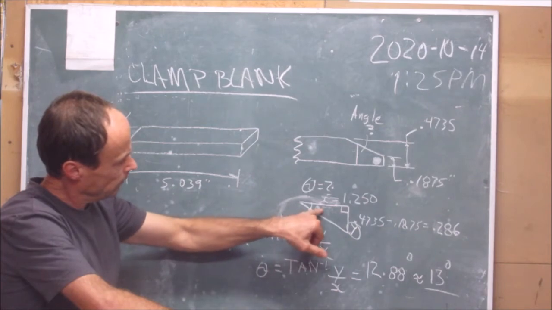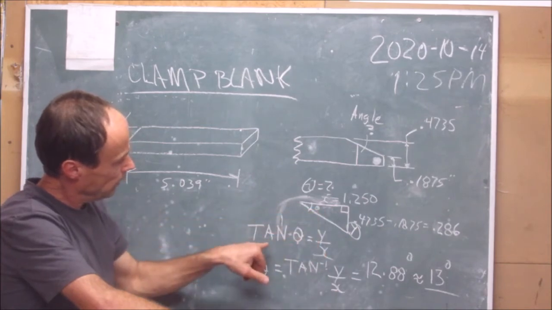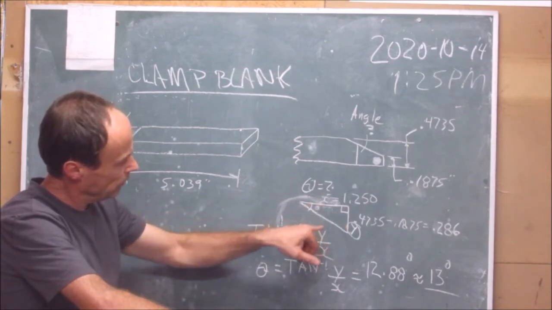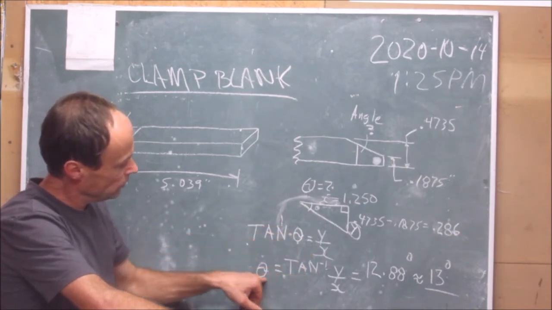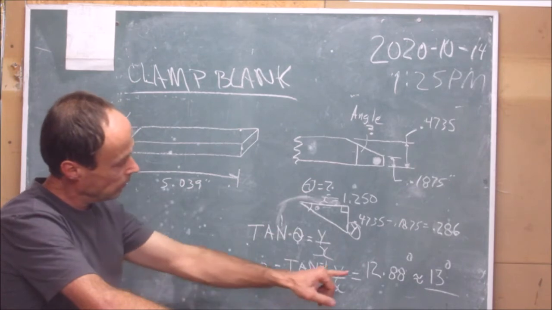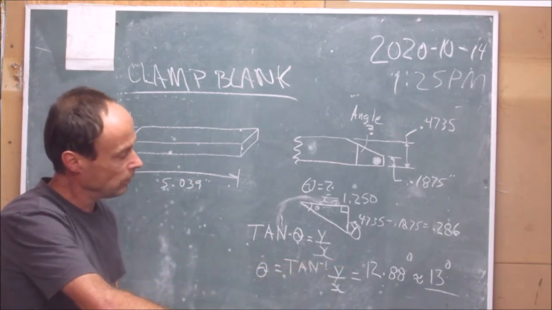Now I got to find my angle, and since I have Y and X values, it's Y over X, and it's the inverse tangent, which will give me my angle of 13 degrees.